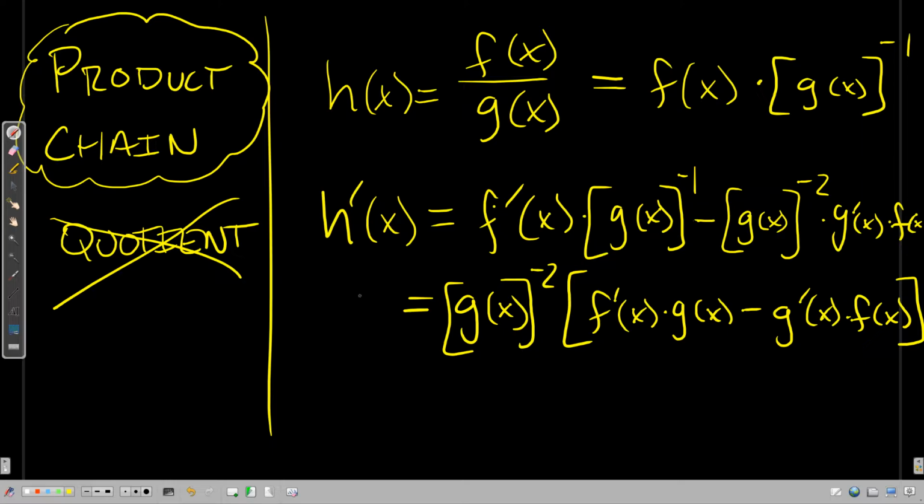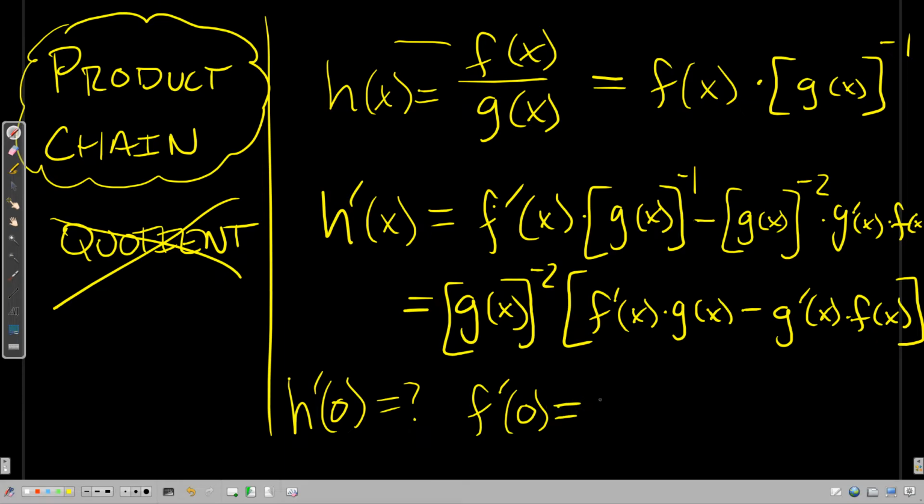When it comes to actually doing functions that are defined, I prefer to use this style. Maybe they'll give you a bunch of numbers. They'll say find h prime of, I don't know, 0, given that you know what f prime of 0 is. I'm going to make up a problem.